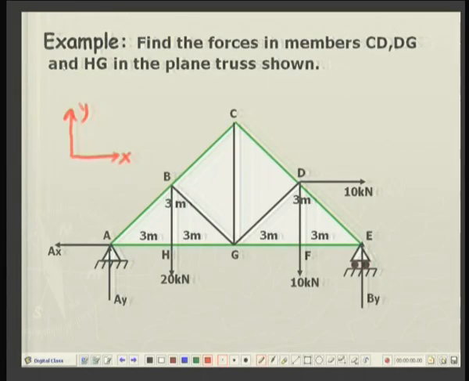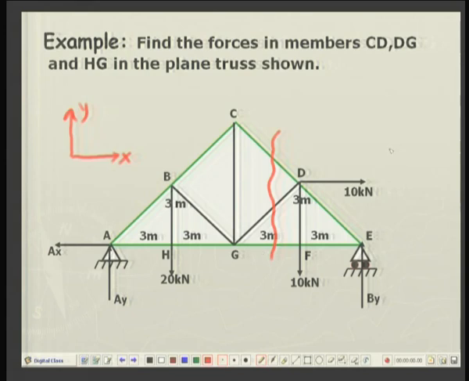Let us see. We were asked to find out the forces in members CD, DG and HG, not in every member, only a selected few, three of them. CD member, where does it lie? Here is CD. DG, here. So, looking at these two members, why not take a section over here? Okay.